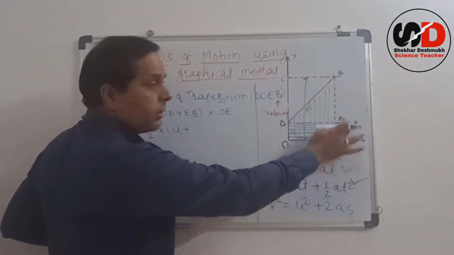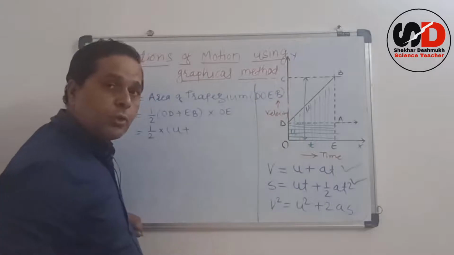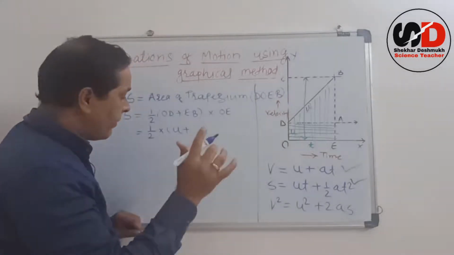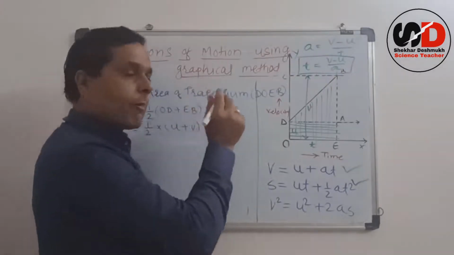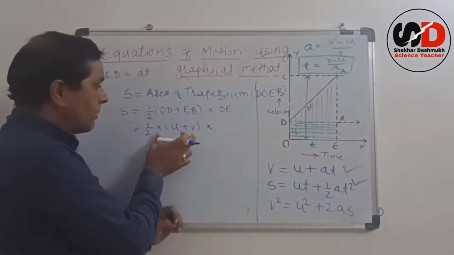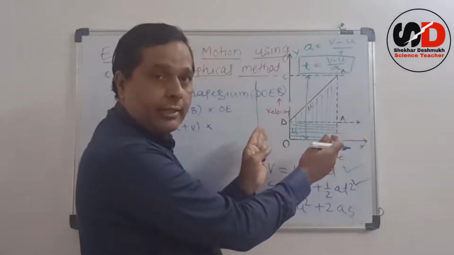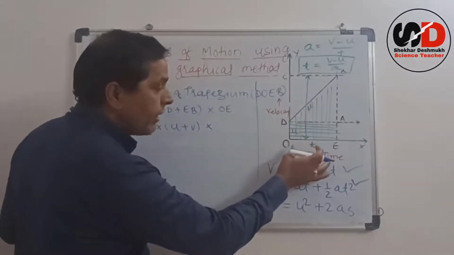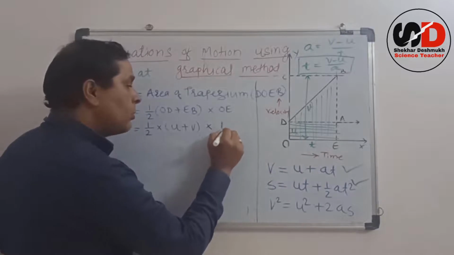EB, this much, is equal to OC, and it is also the final velocity V. So U plus V into OE. That means into the distance between two parallel lines. And what is the distance between two parallel lines? It is OE, that is nothing but T. So into T.